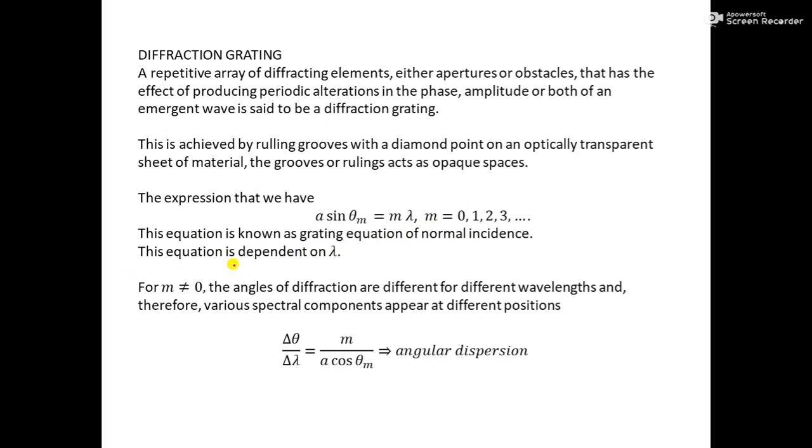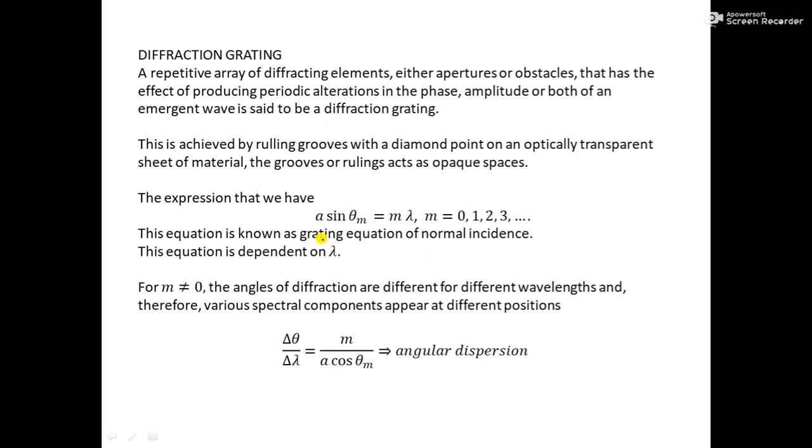It depends on λ, and the value of m specifies the order of the various principal maxima, where m is 0, 1, 2, and so on. m equal to 0 gives the zeroth order at θ equal to 0 irrespective of the wavelength.